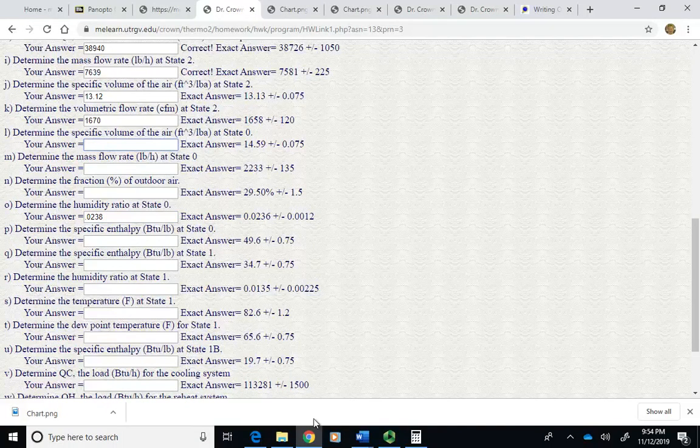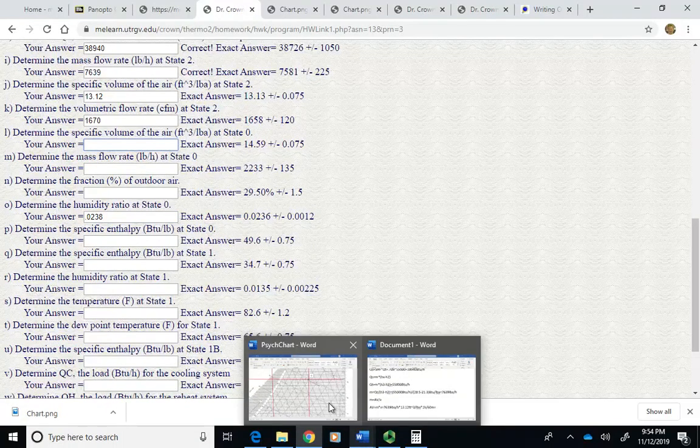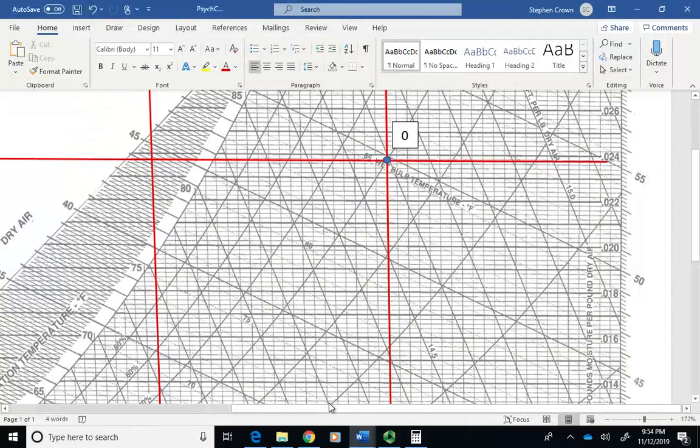Specific volume at state 0. It's almost all the way to this one. So this is 14.5, 14.6, so 14.59.